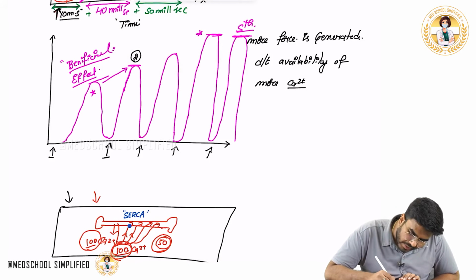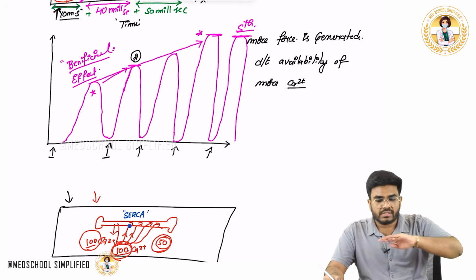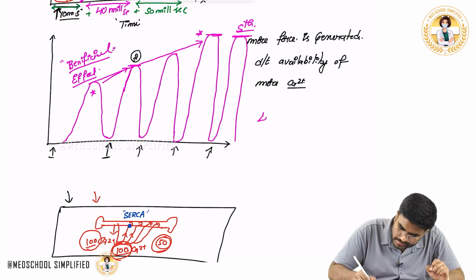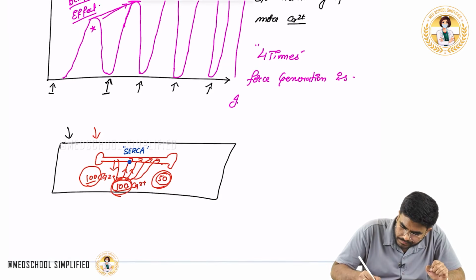So for how many times is this force generation going to increase? For 4 times. Let me write here: force generation is increased for 4 times.